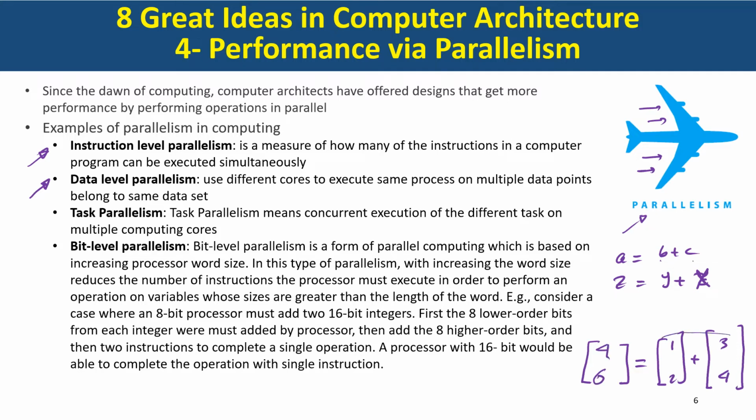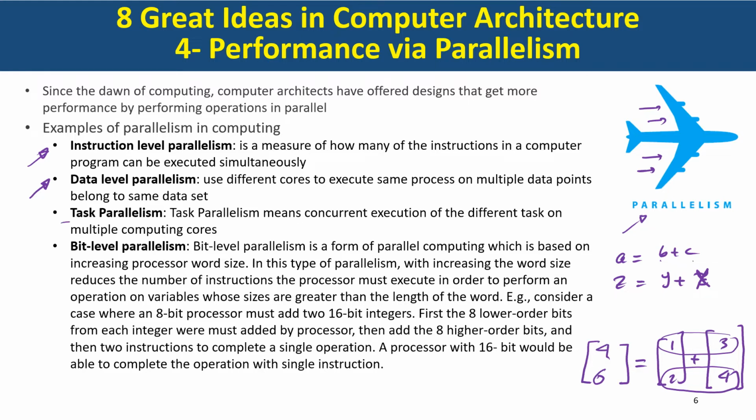Now the first addition again can be done in parallel with the second addition. This is called data level parallelism. So it's another level of parallelism. After doing the instruction level parallelism, we can even do data level parallelism on one instruction itself. Okay, so that of course can boost the performance more.